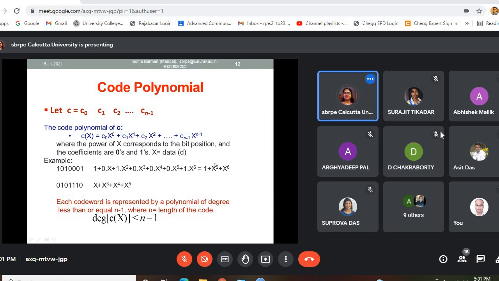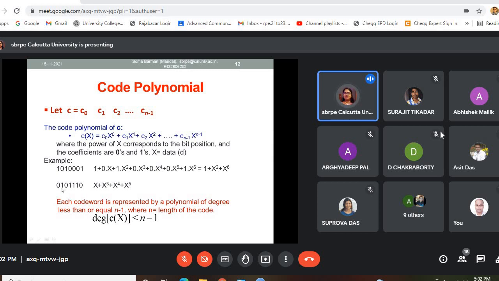of a shift register. And for this case, if I take another example, 0 1 0 1 1 1 0, so this will be 0 into x to the power 0, that is also 0, plus 1 into x to the power 1, that means x, 0 into x square, so it is also 0.